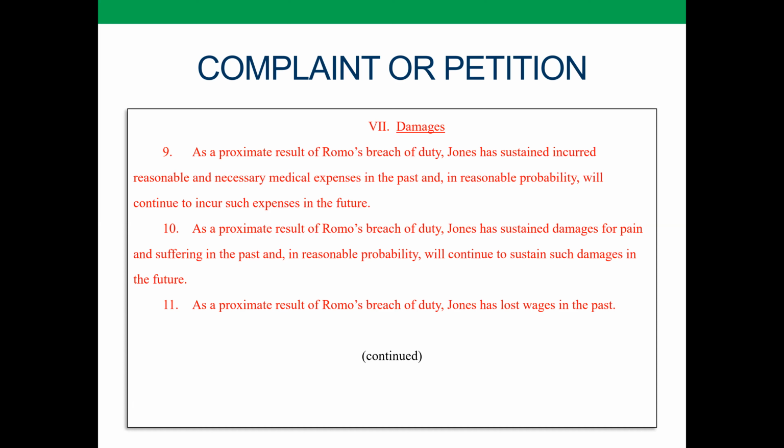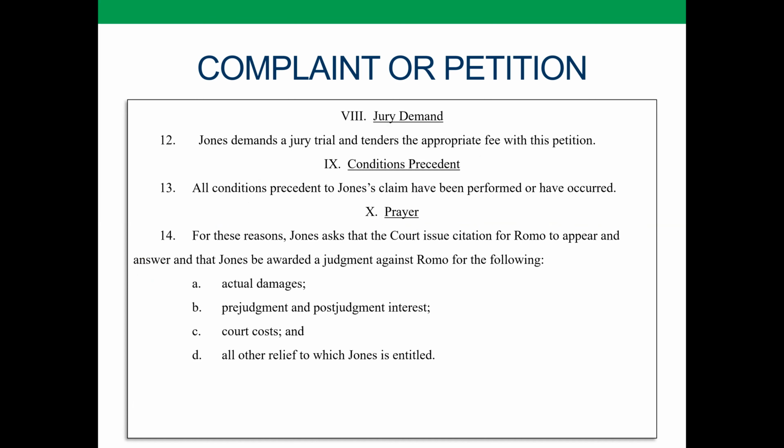Also, in paragraph 10, that she sustained pain and suffering in the past and in reasonable probability will do so in the future. And finally, in paragraph 11, she alleges that she lost wages in the past as a result of his negligence. So that's the harm that she claims she sustained as a result of his wrongdoing.